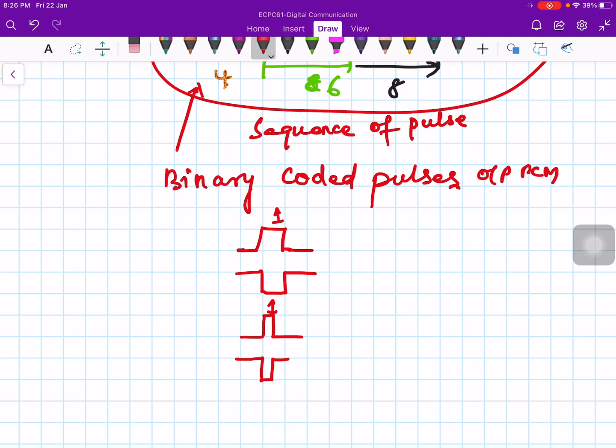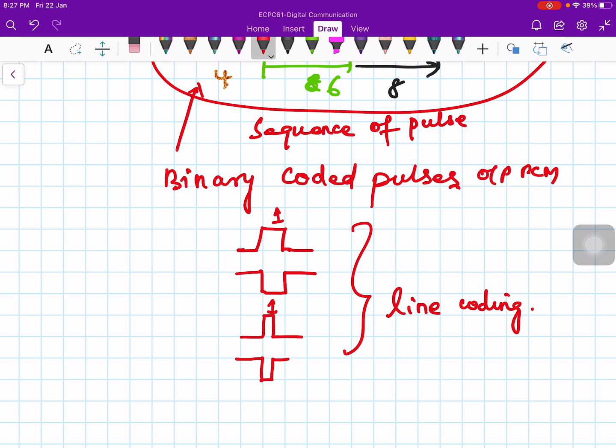It all depends on how I am going to design it. Anyway, we will discuss various possible representations of these digits onto pulses when we talk about the topic called line coding. There are various methods used to represent the binary digits, the sequence of zeros and ones, and which representation you use will decide the actual nature of your pulse train that you finally have to transmit.